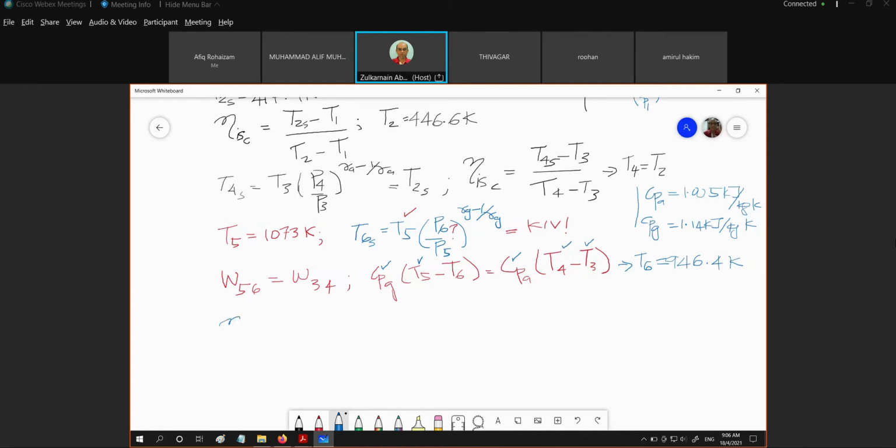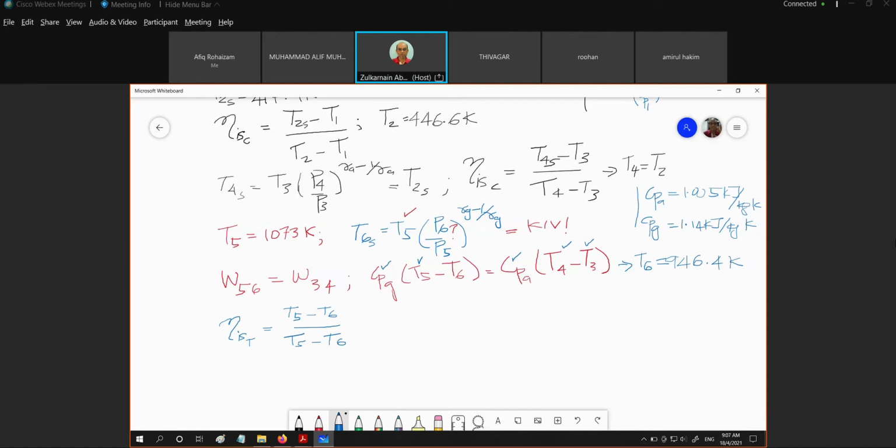So by using the isentropic efficiency for the turbine, in this case the high pressure turbine, this should be T5 minus T6 divided by T5 minus T6S. Which one is the longer line?